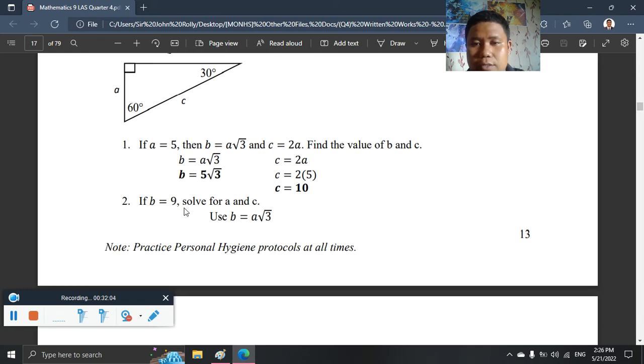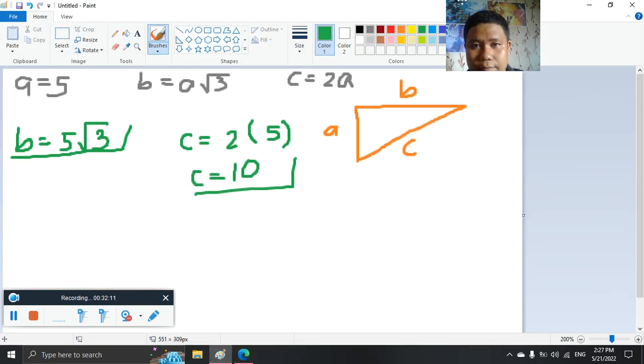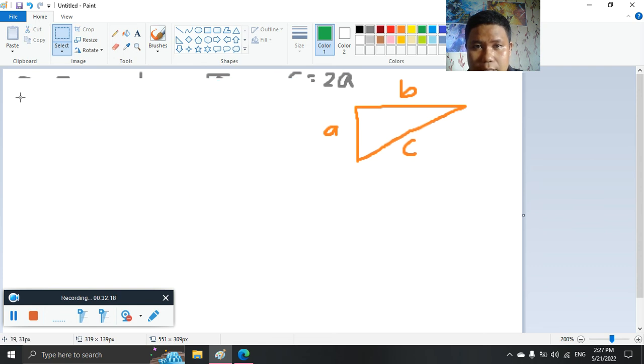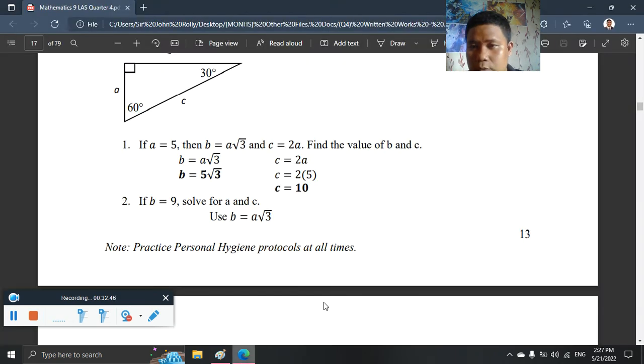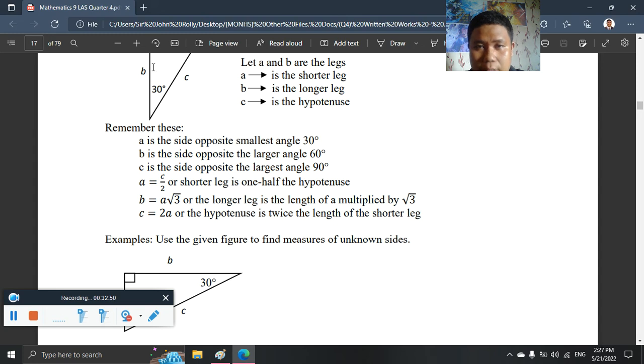If B equals 9, solve for A and C. So if B equals 9, solve for A and C. Okay, let's delete this. If B equals 9, then what is A and what is C? Okay, let's go back to the formula for the 30, 60, 90 triangle.